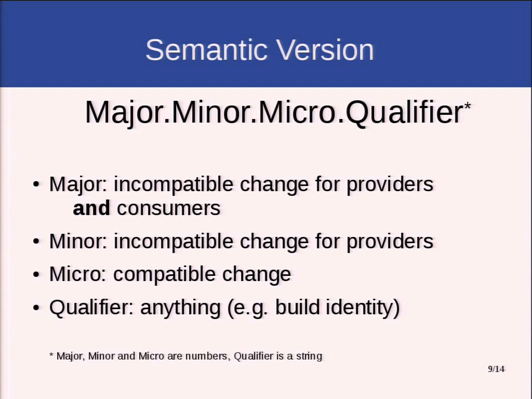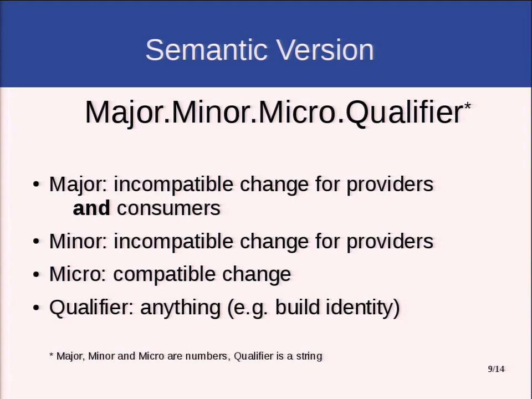A major change is when you break everyone, like you delete a method on your API. That breaks the providers, it breaks the consumers. You have to recompile everything. A minor change is when you only break the providers. The consumers are backwards compatible. Here comes the compatibility. For example, I add a method on my API.